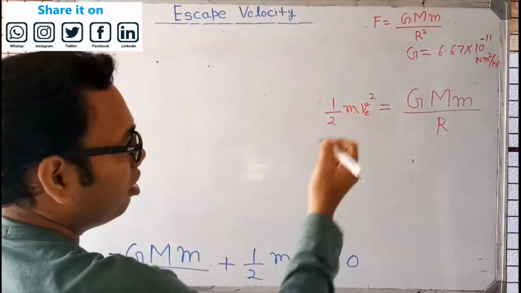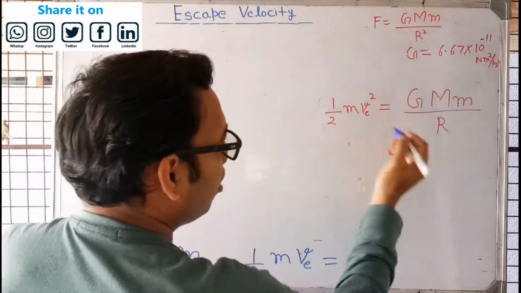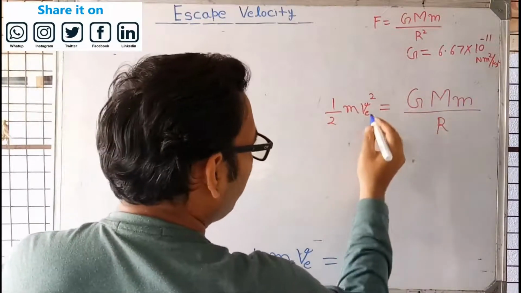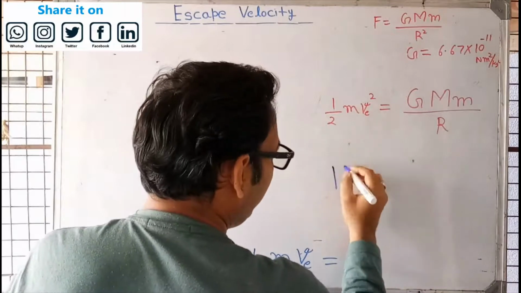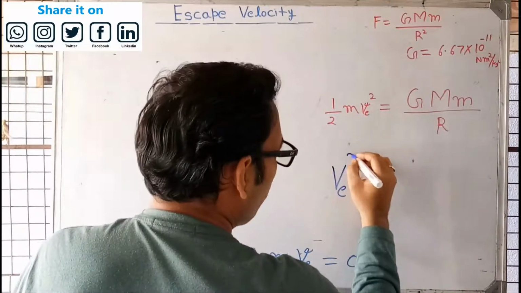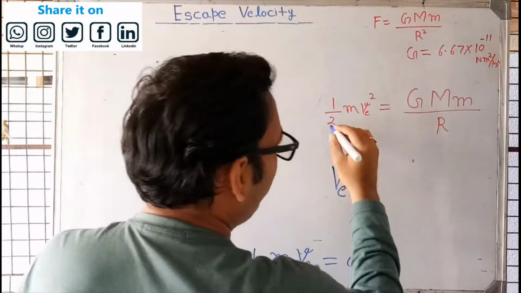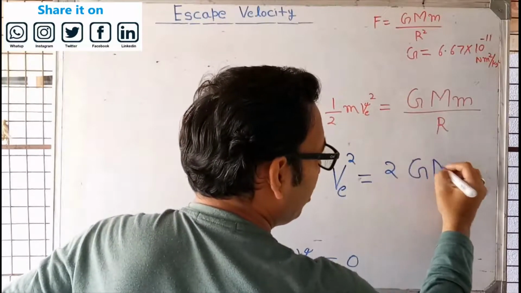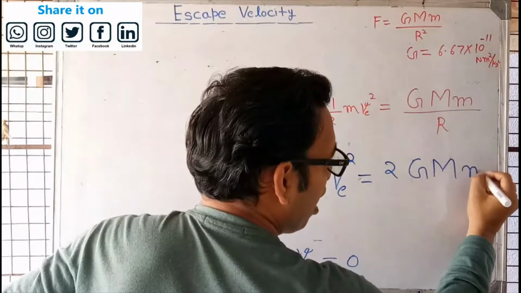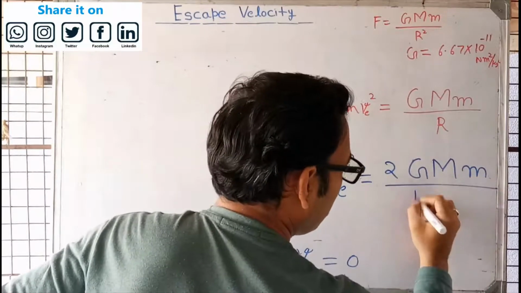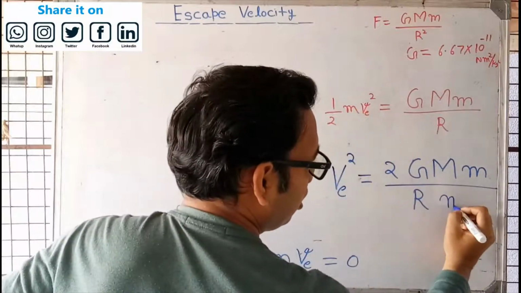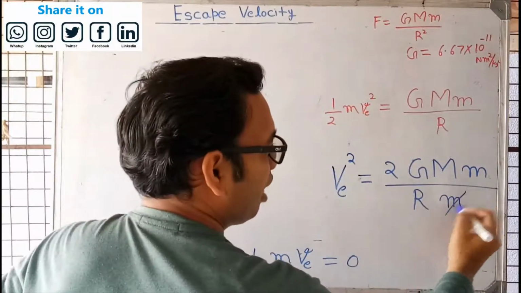Then what is ve? From this equation we can cut m. So ve squared is equal to, we'll take 2 there, 2 into capital G, capital M, small m divided by R and divided by this m. So m to m will cancel out.